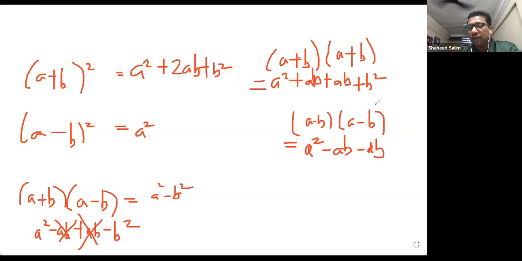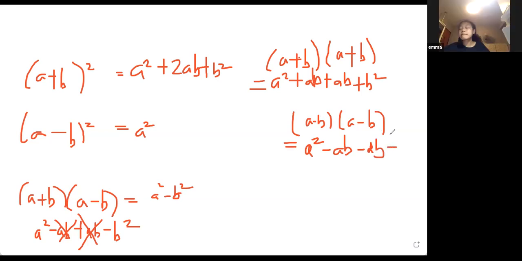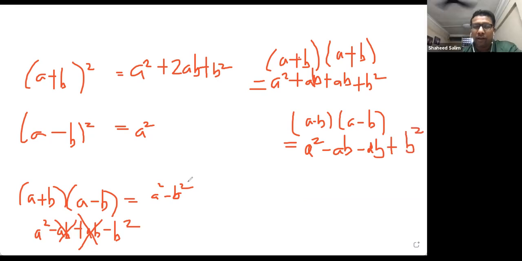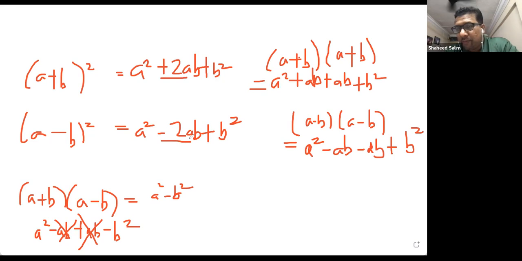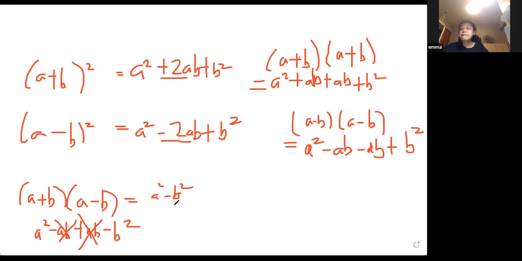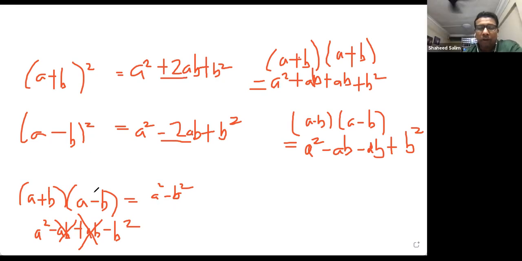Say A times B, then B times A, and B times B. But plus B squared, because minus B times minus B. So when you factorize it, you'll be like this. Everything is the same except the center. One is plus, one is minus. Okay, so now the last one is plus and minus: A squared minus B squared.